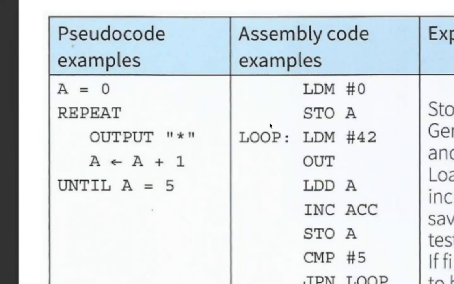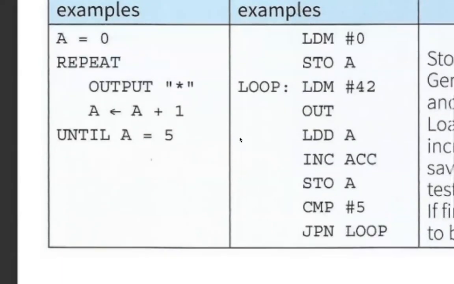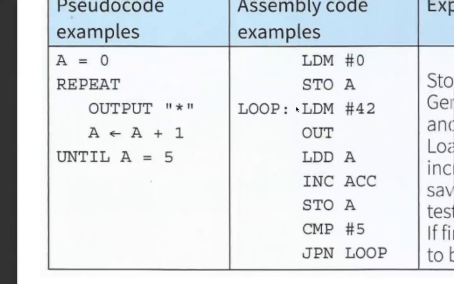Now, I am using a label to show the start of my loop body. If we were using a high-level language, we would see keywords such as while, repeat, for, stuff like that. So we're making that prominent here by a label, loop. I have entered this myself. It's not any sort of reserved word. It's just a simple label that points to this address being the start of this loop body.